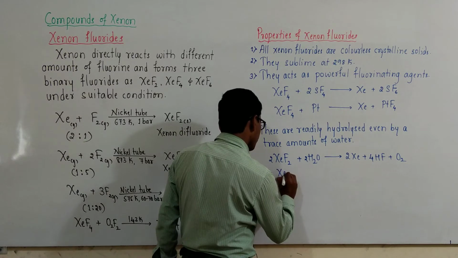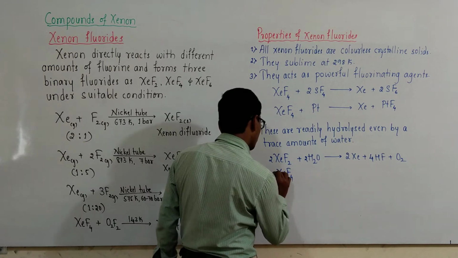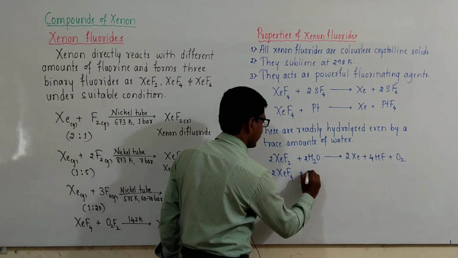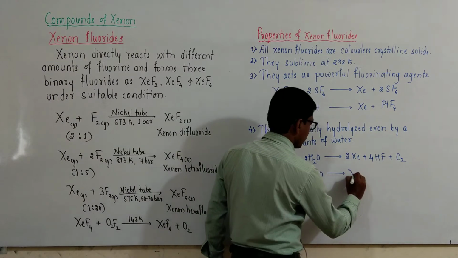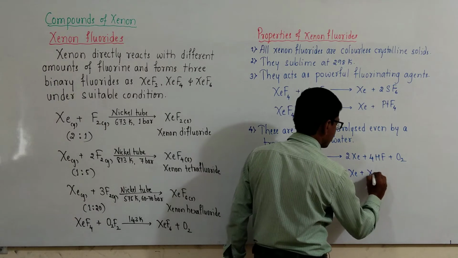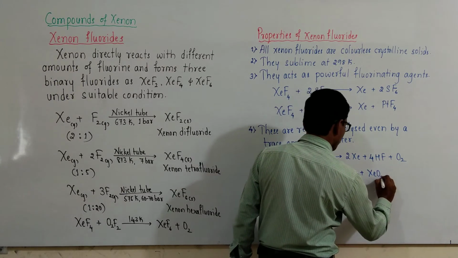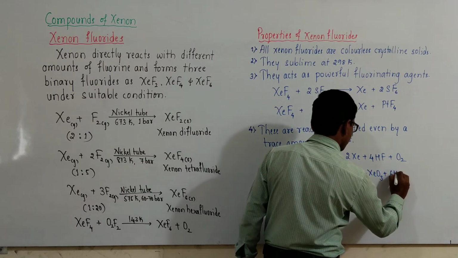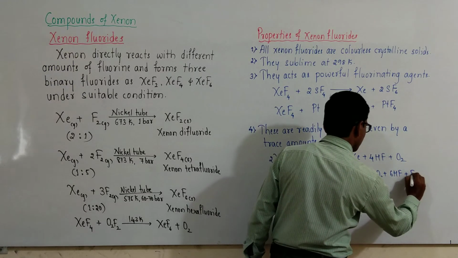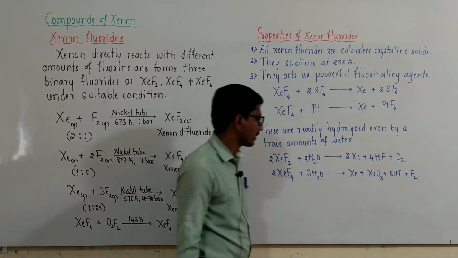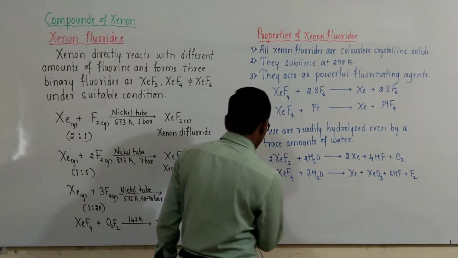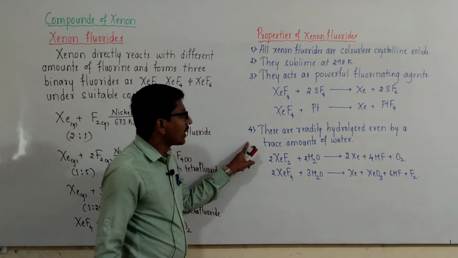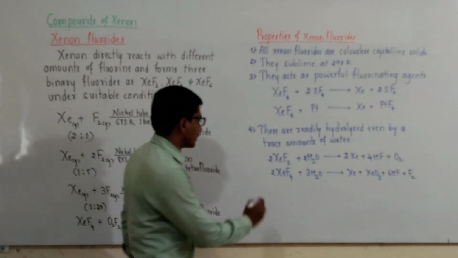Similarly, XeF4 on hydrolysis with traces of water gives Xe plus XeO3 plus 6HF plus O2. These are the hydrolysis with traces of water.